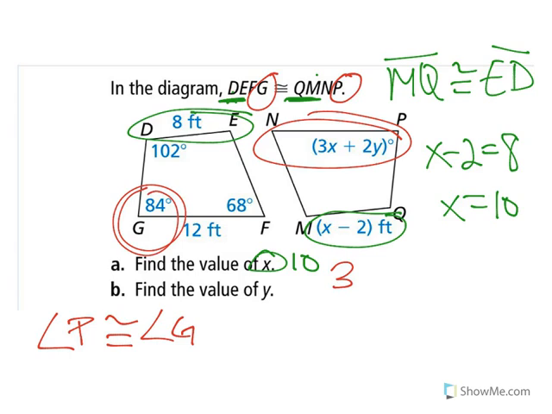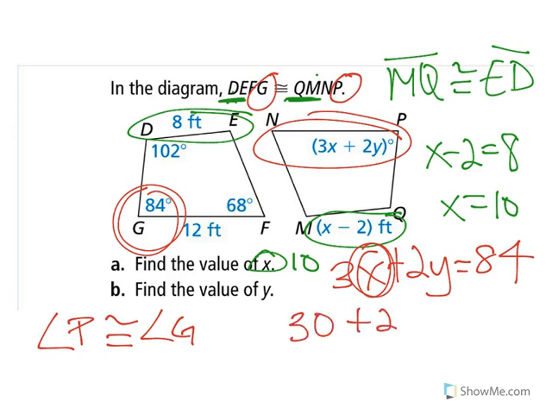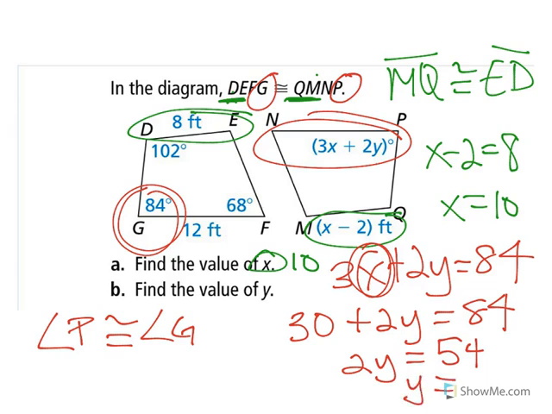So we can say 3x plus 2y equals 84. And we know that x equals 10. So 3 times 10, so we can say that 30 plus 2y equals 84. Subtract the 30, 2y equals 54. And y equals 27. Check my math on that, but I think that's right.